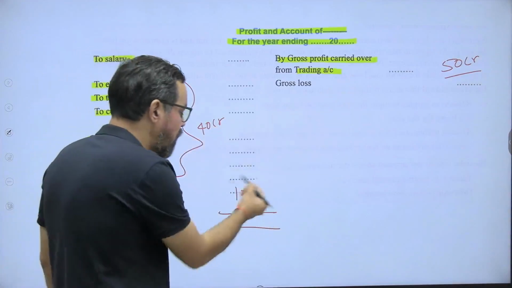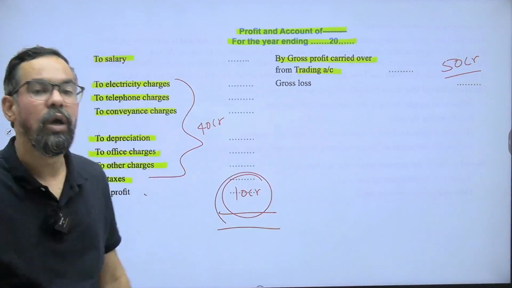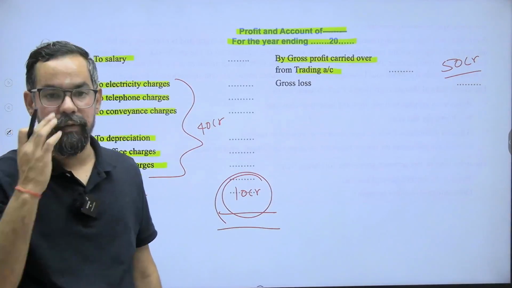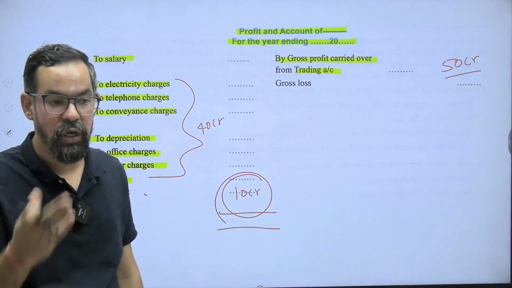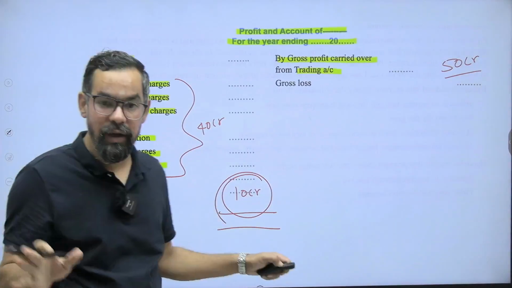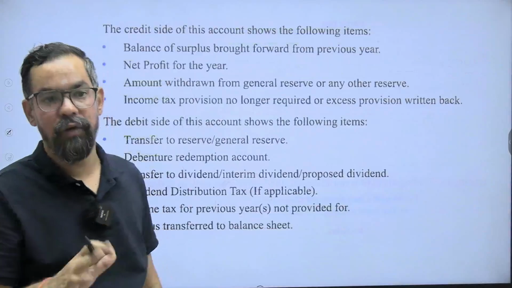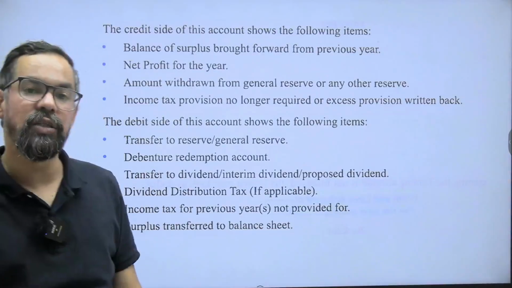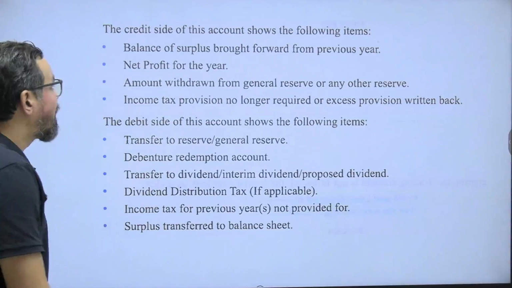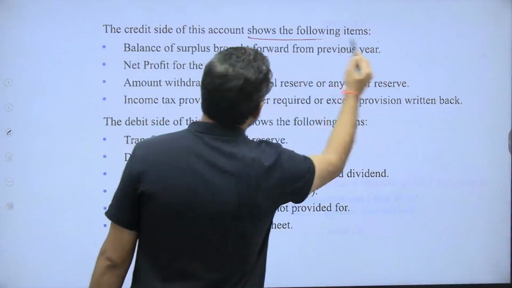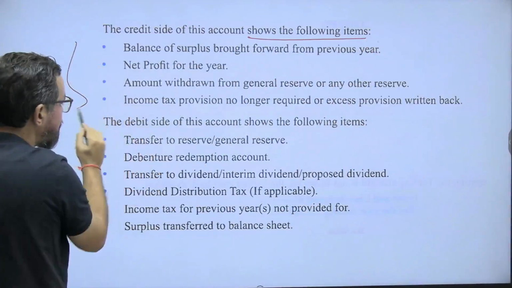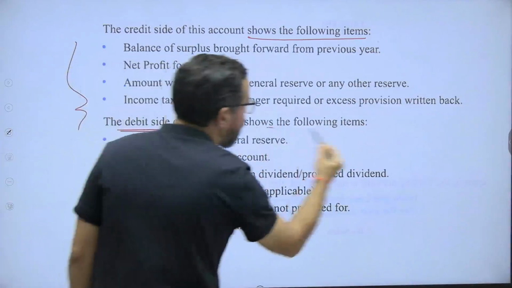So you are in profit, and this profit we will first deal with in the profit and loss appropriation account, where we will divide or distribute this profit, or we will transfer it to the balance sheet. Okay? So the credit side of the account shows the following items, and the debit side shows the following items.